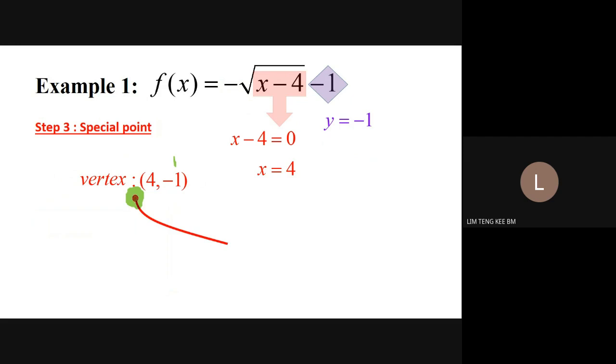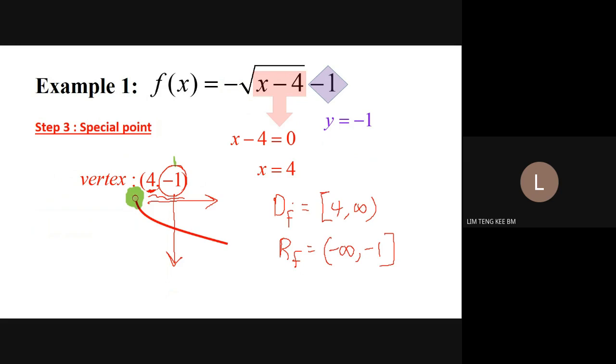By observing these special points, we can tell that the domain of the function starts from x equals 4 all the way to positive infinity. The range starts from -1 all the way to negative infinity. So that is negative infinity until -1, closed. So just in case you want to determine domain and range, up to step 3 is good enough.